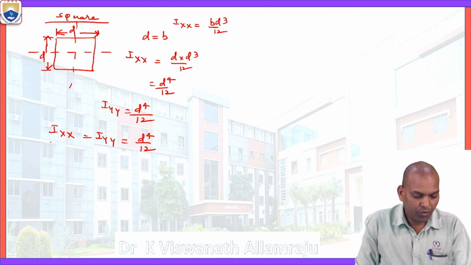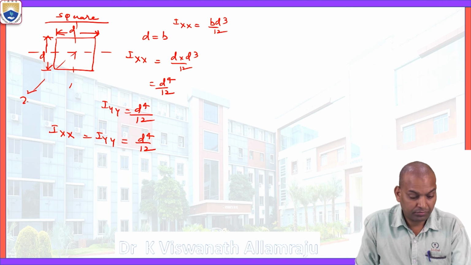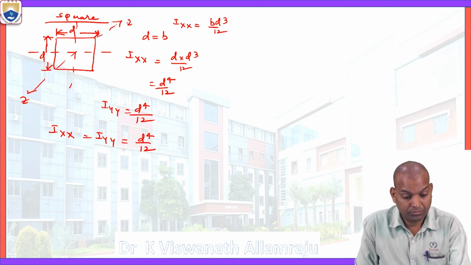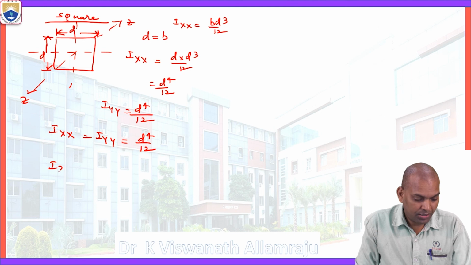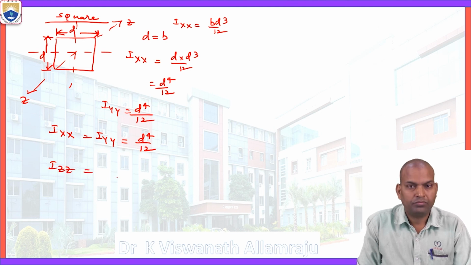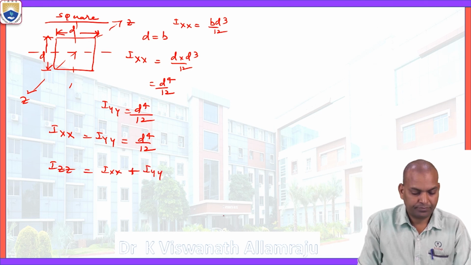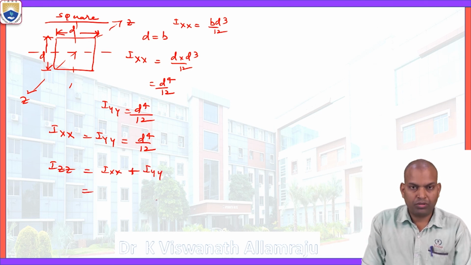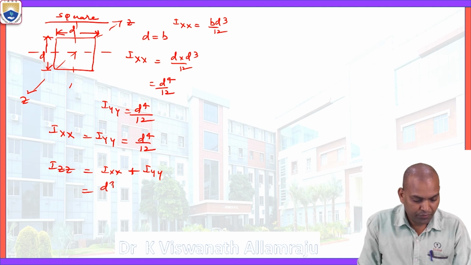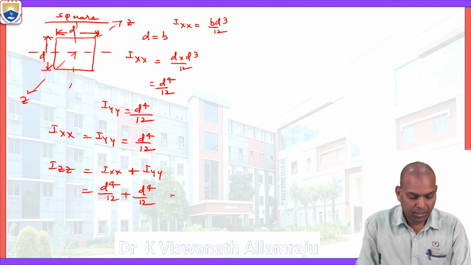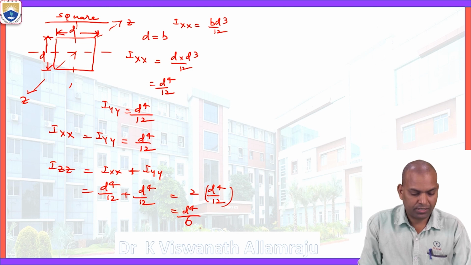And if you want about the z-axis, Izz equal to Ixx plus Iyy, that equals d power 4 by 12 plus d power 4 by 12. That means 2 times d power 4 by 12, that is d power 4 by 6.